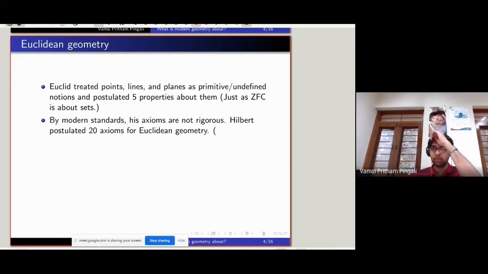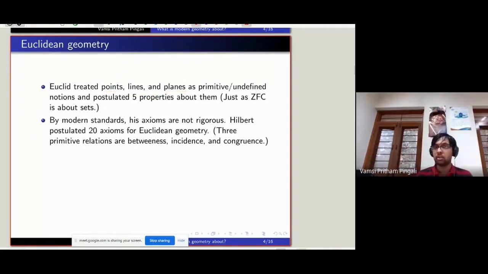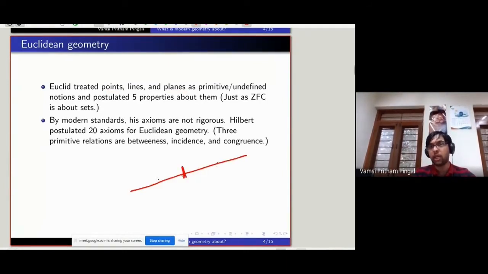And this time, if you do it correctly, you get 20 axioms. So the 3 primitive undefined notions, the letters of your alphabet, if you will, are these 3. There are 3 undefined relations between these objects. They are betweenness, that is, you can make sense of, suppose 2 points lie on a line, you can ask, when does a point lie between them?